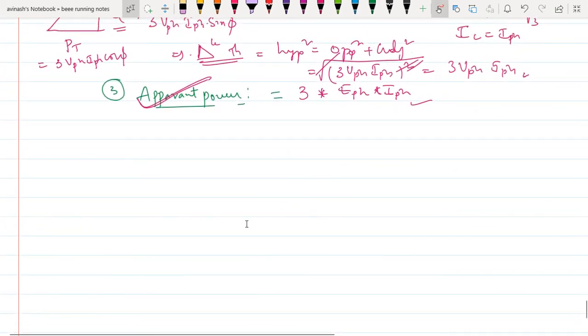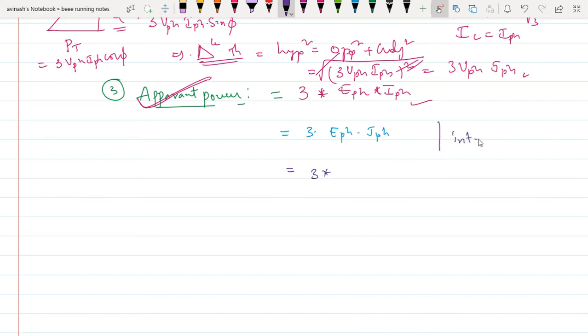So that implies the apparent power is equal to 3 into E phase into I phase. So this is in terms of phase.